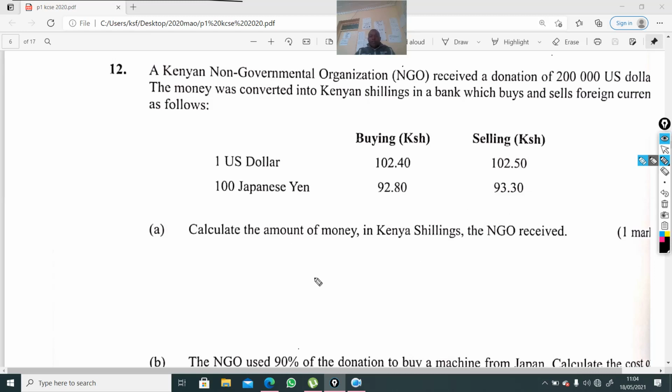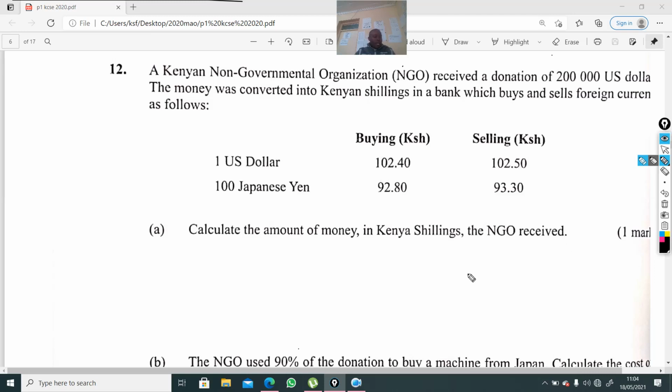So if you have the dollars now and you want Kenyan shillings, that means if you go to the bank, it is going to buy the dollars from you. So you use the buying rate to get the amount in Kenyan shillings.